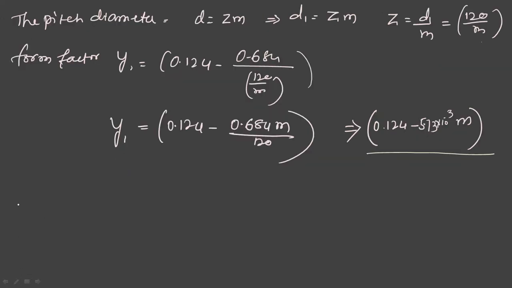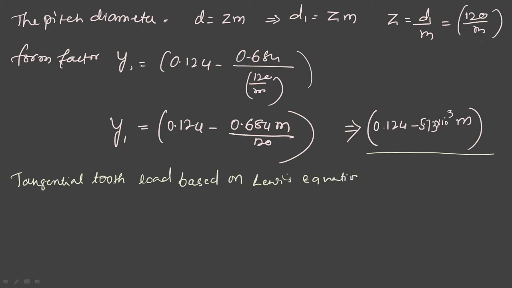Now let us substitute the tangential tooth load. Based on Lewis equation, Ft equals pi.